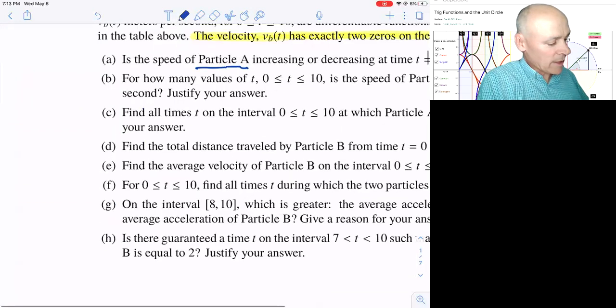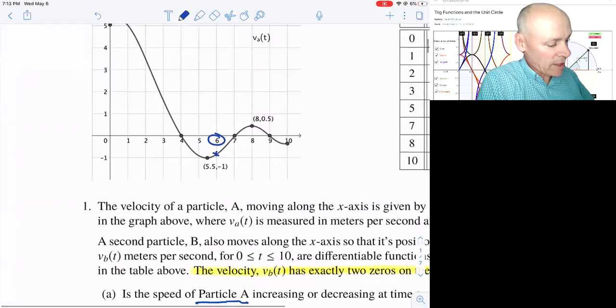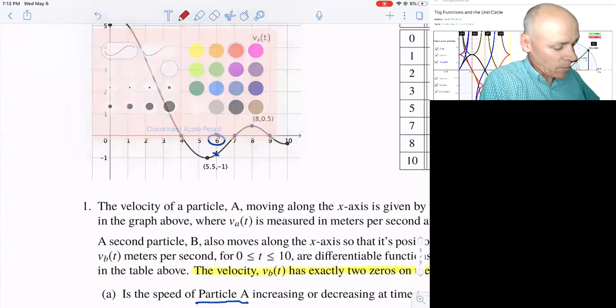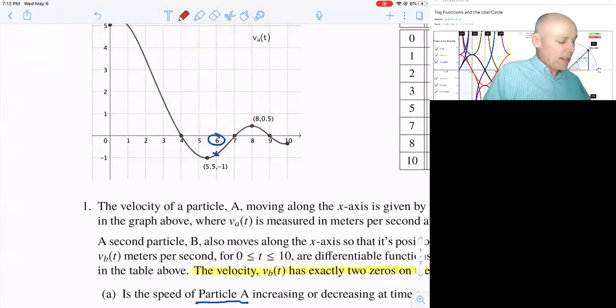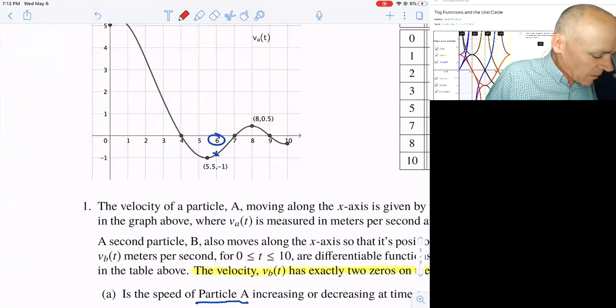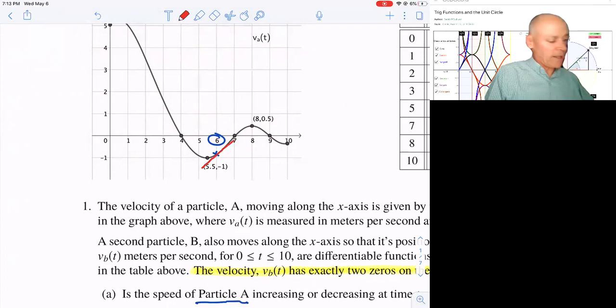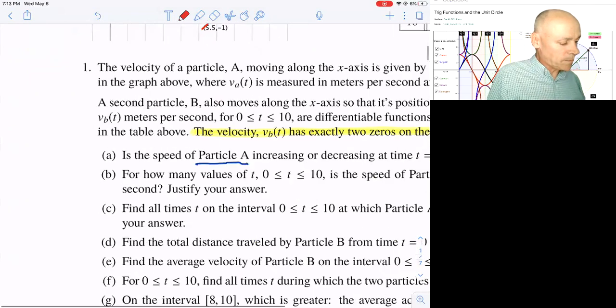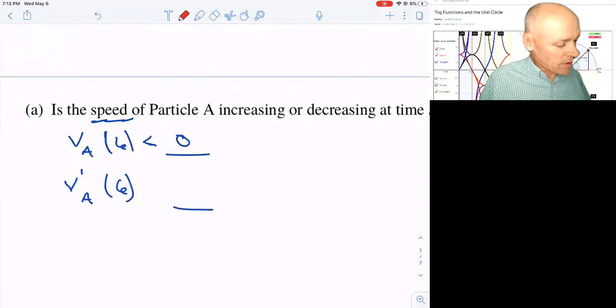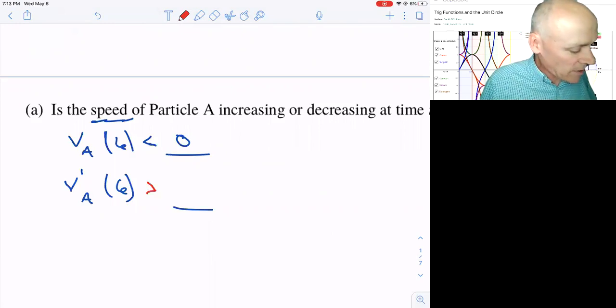Now, to get the acceleration, I'm interested in the slope of the tangent line at that point on my velocity function. So I sketch a tangent line. All I care about is the slope of that tangent line. The tangent line is going up, so it's a positive slope. That means acceleration at time 6 for particle A is positive.